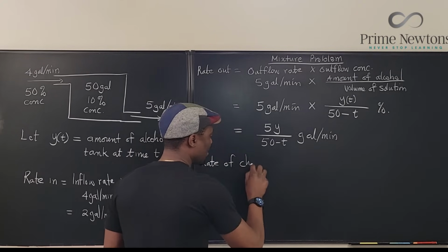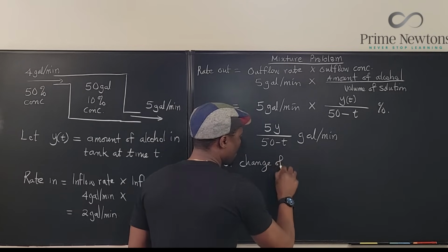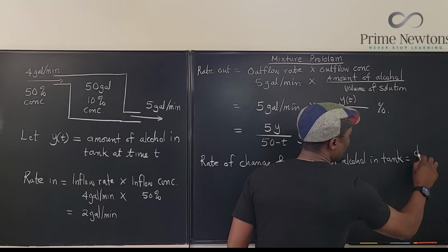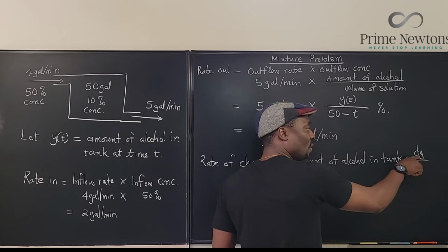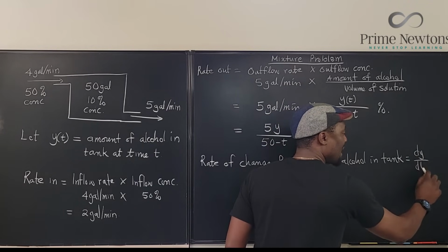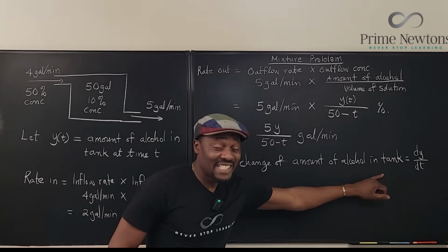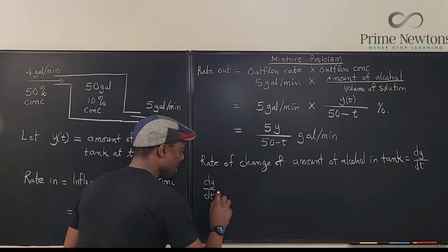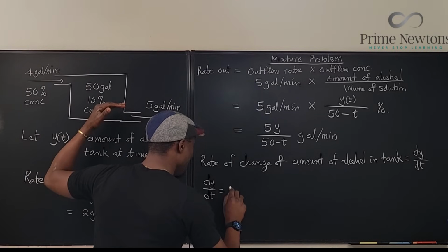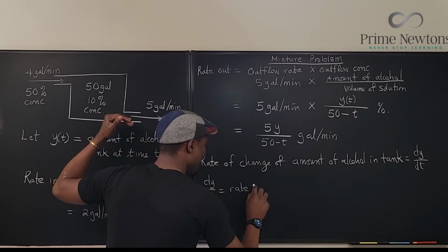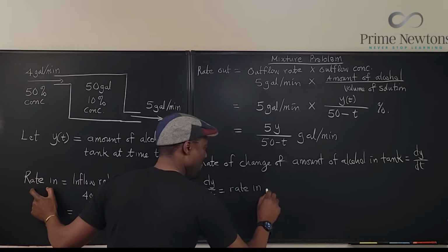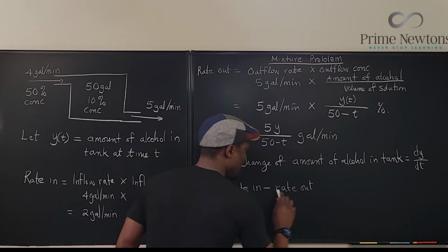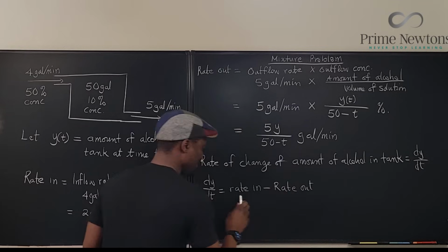The rate of change of the amount of alcohol with time, dy/dt, is the rate at which you're gaining, rate in, minus the rate out.